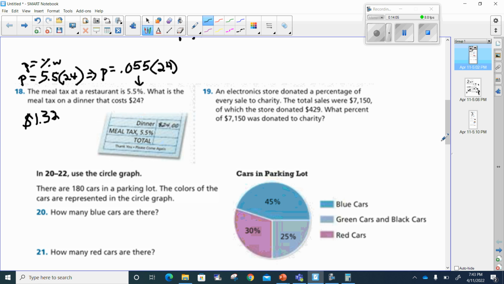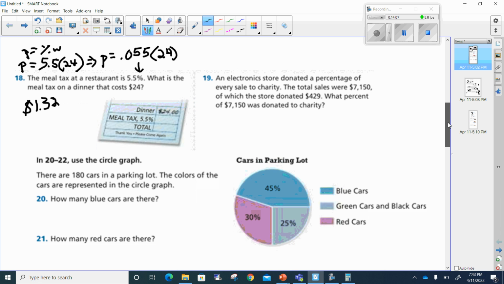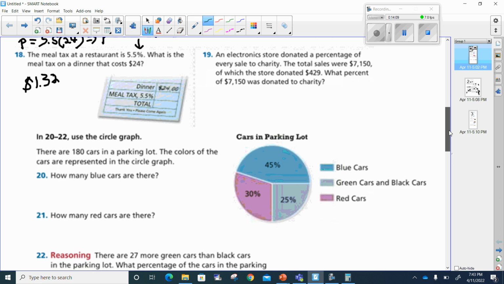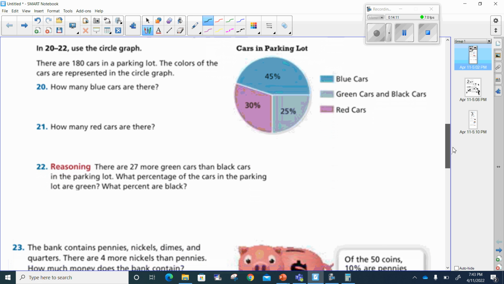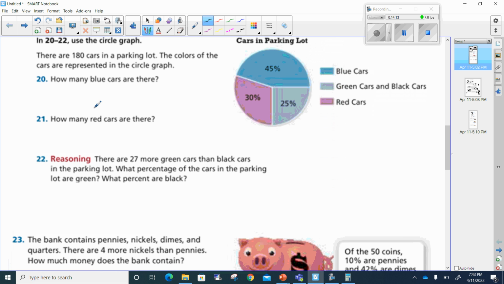All right, let's go to number, let's see here, number 20 is mine. It says, how many blue cars are there? It says cars here, 45%. So 45 out of what? Okay, we know it's 45% out of 100%. Remember, there are 180 cars, right? So the whole is the cars.